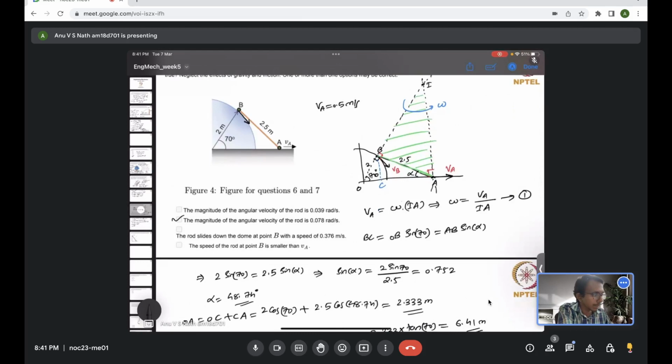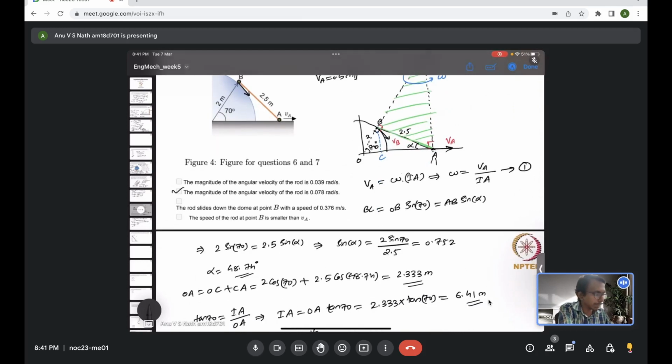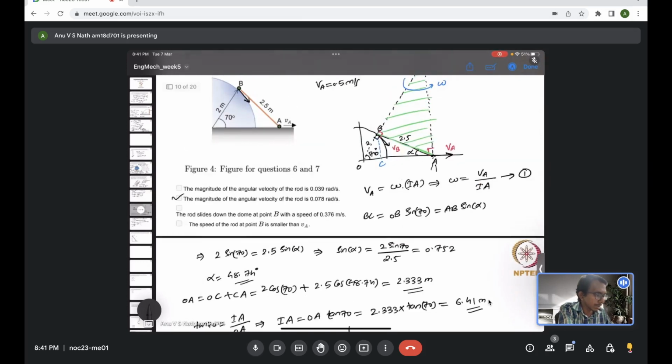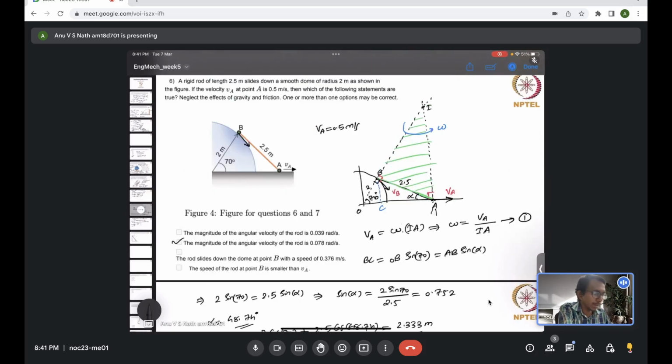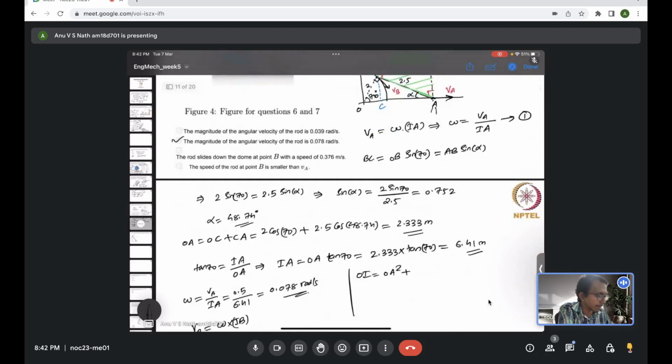We know already OA, so we can just take OA square plus IA square and a square root. So that will give OI, which is the square root of OA square plus IA square. So let me evaluate that.